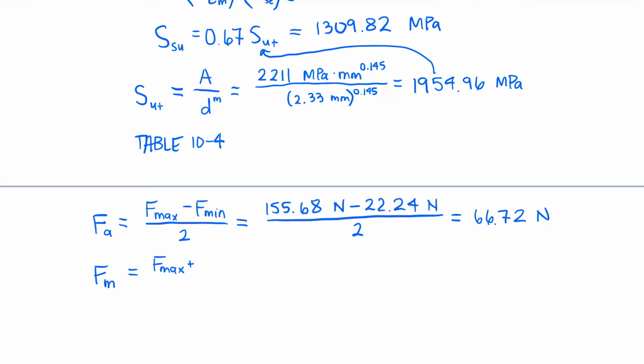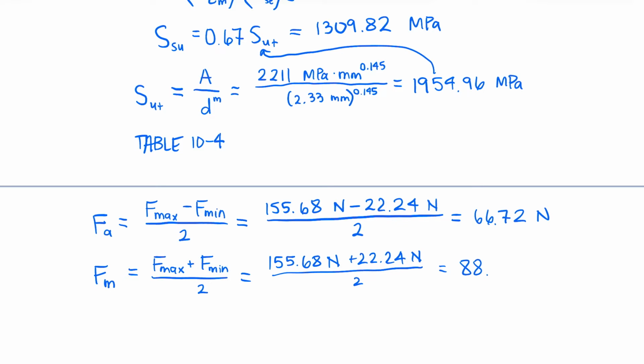It's just the average of our maximum and minimum forces. So 155.68 plus 22.24 divided by 2, and I got 88.96 newtons.